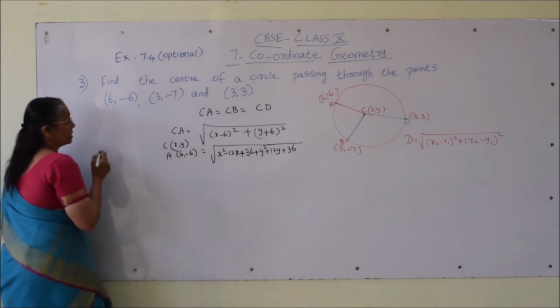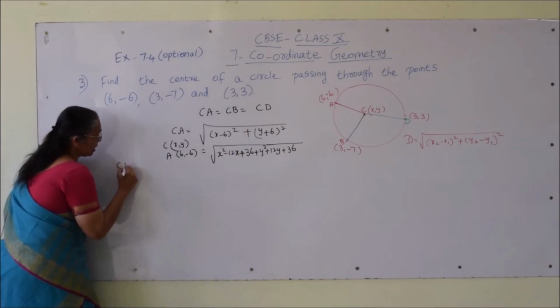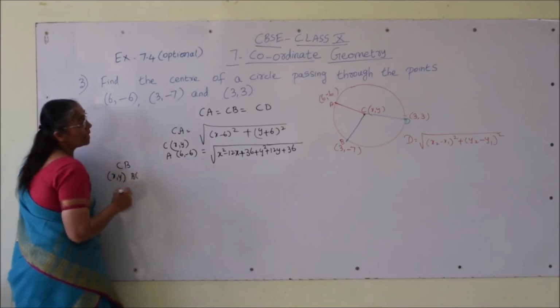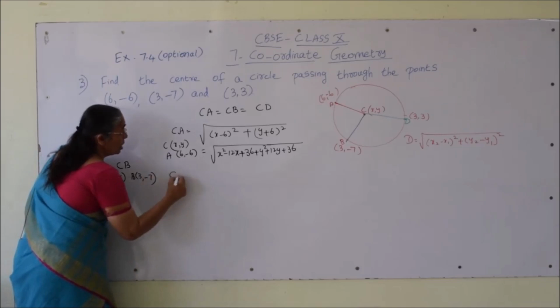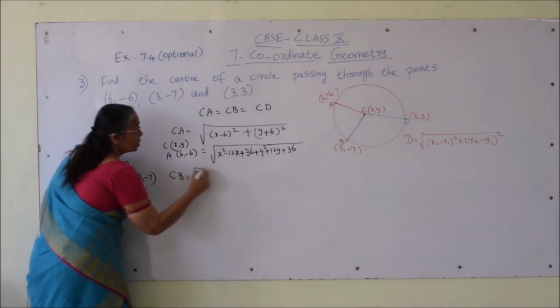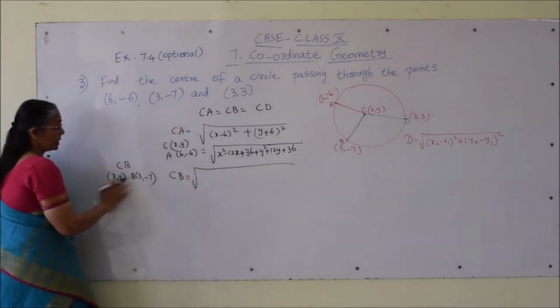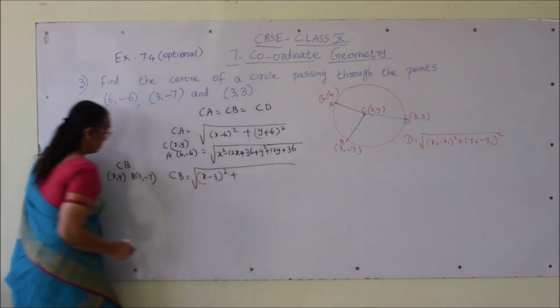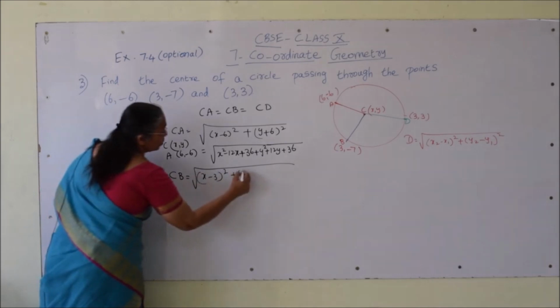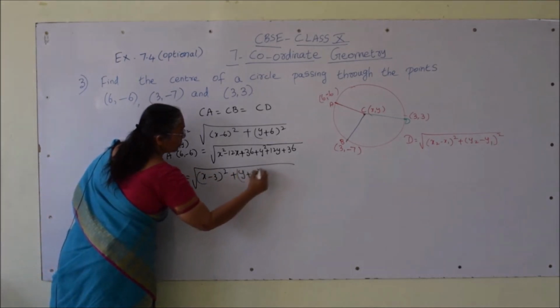Now, the CB distance. To find the distance CB, the point C is again (x, y) and the point B is (3, minus 7). Using the same formula, the CB distance is root over (x minus 3) whole square plus (y plus 7) whole square, minus of minus 7 is plus 7.